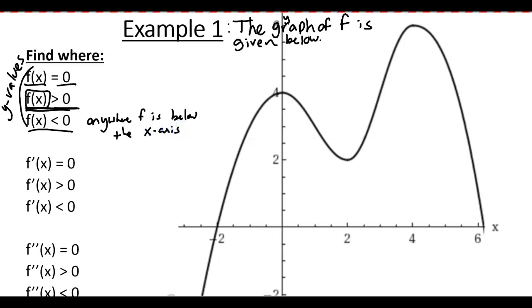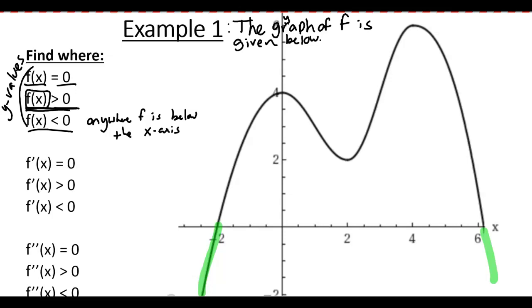So that would be here, and we can pretend it keeps going. I don't know if the graph keeps going or if it just got cut off, but we'll pretend it just keeps going. So in that case, how would we write our answers?